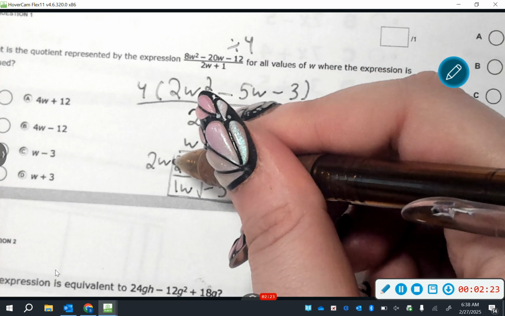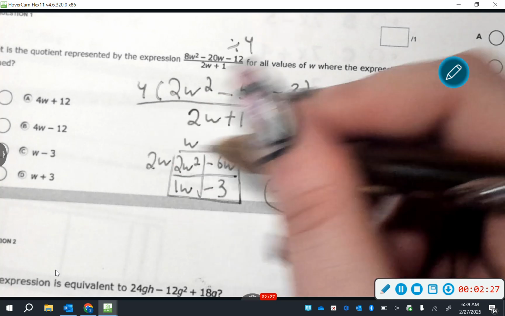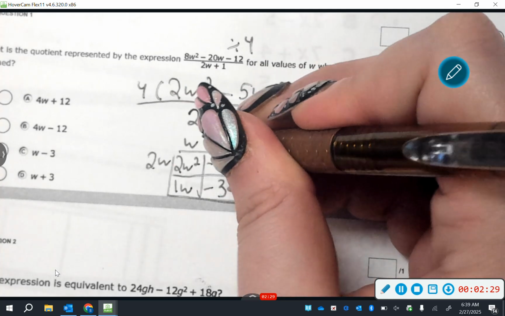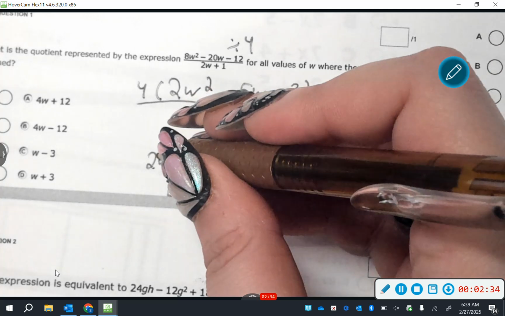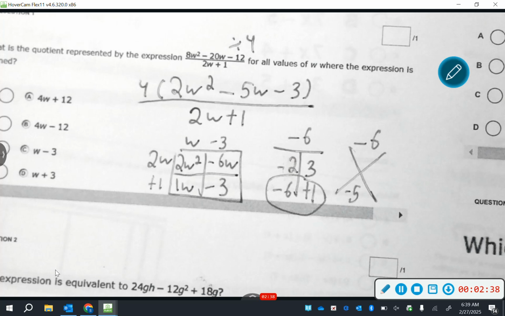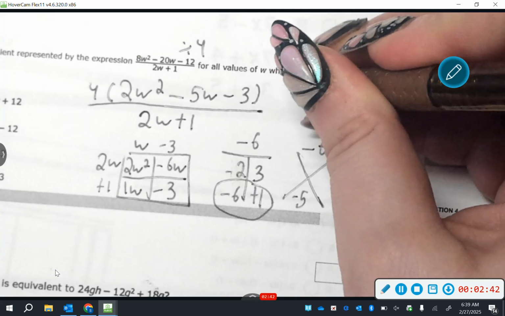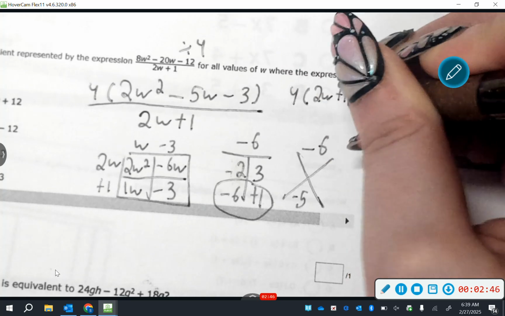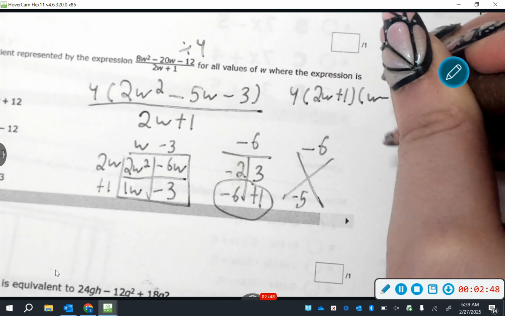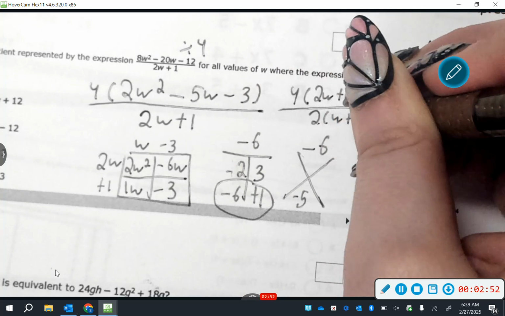I know my 2w has to go here because 2 times nothing is going to get me 1. 2w times negative 3 gets us negative 6w. W times positive 1 gets us positive 1w. So if I rewrote this, we would have 4 parentheses, 2w plus 1, w minus 3, all over 2w plus 1.